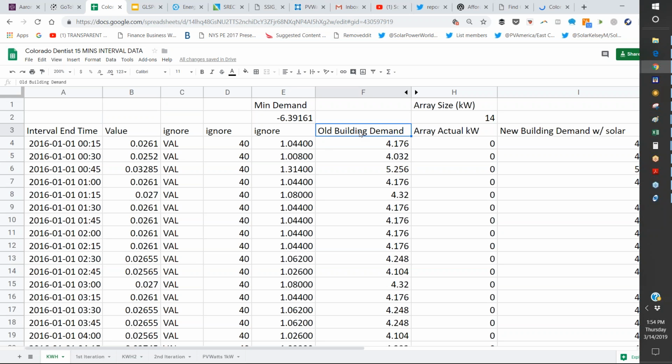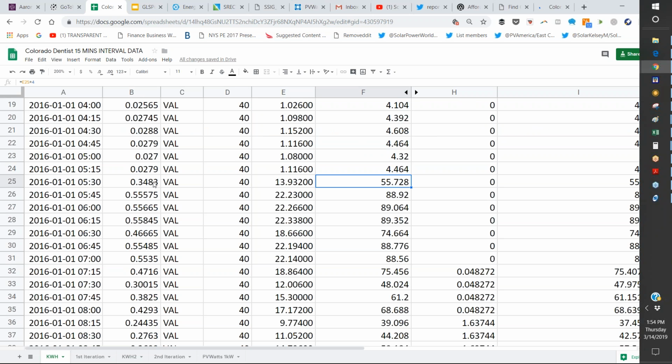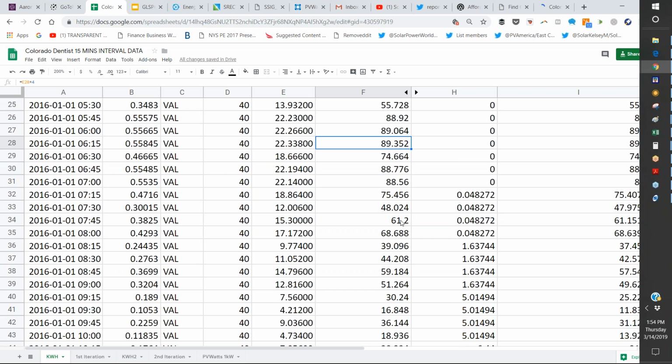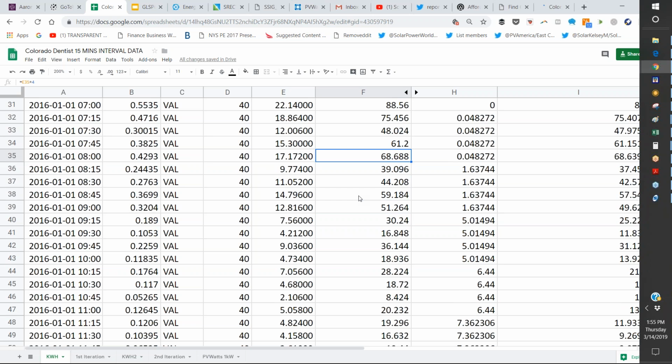Here we have our old building demand that's measured in kilowatts. You see at night it's at 4 kilowatts. Then in the morning, right at 5:30 a.m., 5:45 a.m., it spikes to 55 kilowatts, 88 kilowatts, 89 kilowatts, 89 kilowatts. Then around 8 a.m., it's at 68.